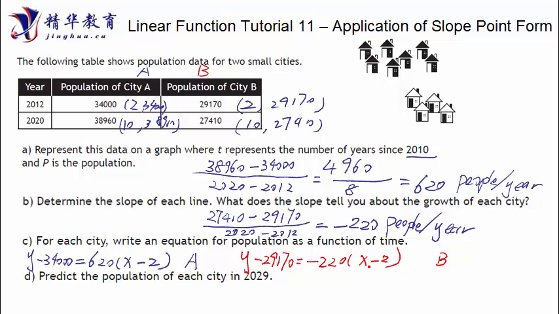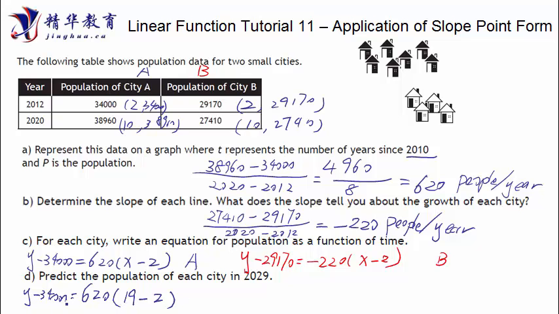Okay, we've got A and B together. All right, now we can predict. What does 2029 mean? 2029 is 19 years after the start, right? After 2010. So 19 will be x. Sorry, I need to use the blue color pen here. Okay, using the blue one. So 19 minus 2, times 620, equals y minus 34,000.